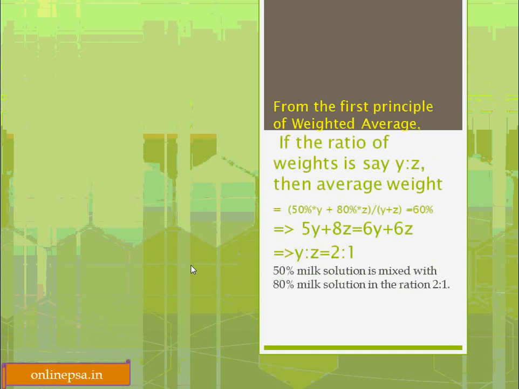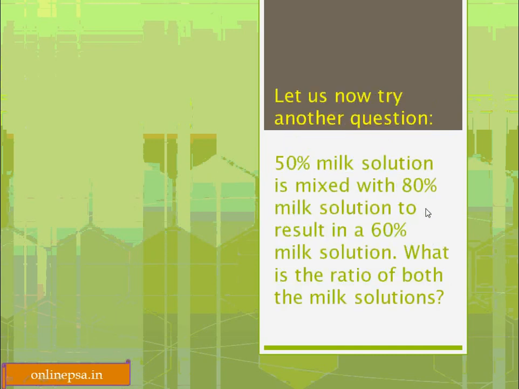We already learned the principle of weighted average. Consider the weight of the two milk solutions be Y and Z. The ratio will be Y is to Z, and the average weight will be given by 50% multiplied by Y plus 80% multiplied by Z divided by the total weight, which is Y plus Z here, and that has been given as 60.